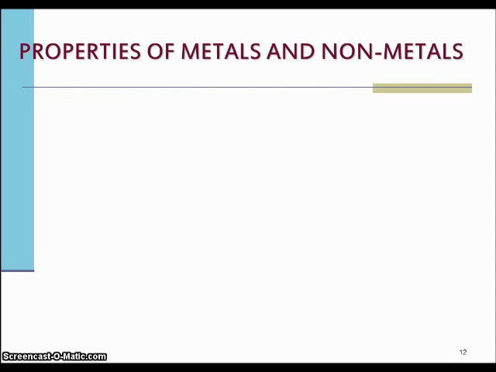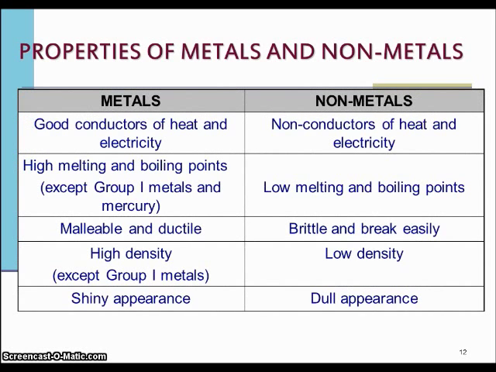Now what are some of the properties of metals and non-metals? When we talk about metals and non-metals, we need to examine some of the properties. For metals, we are talking about metals being good conductors of heat and electricity. They have high melting and boiling points.